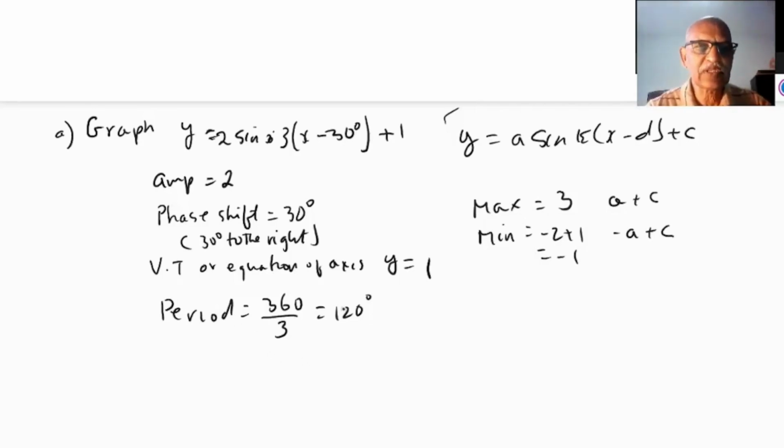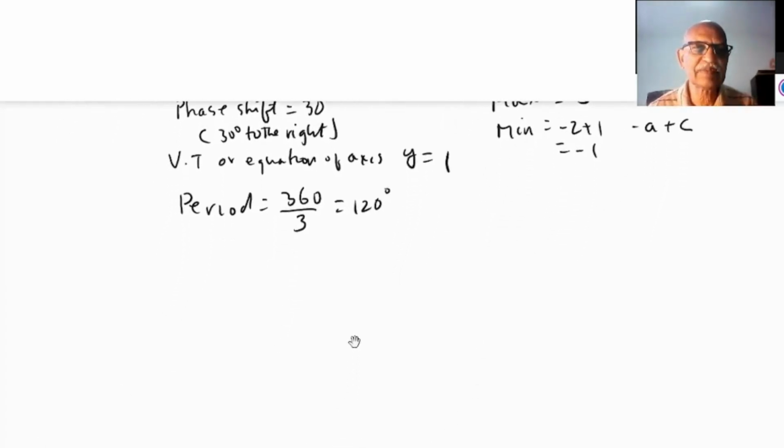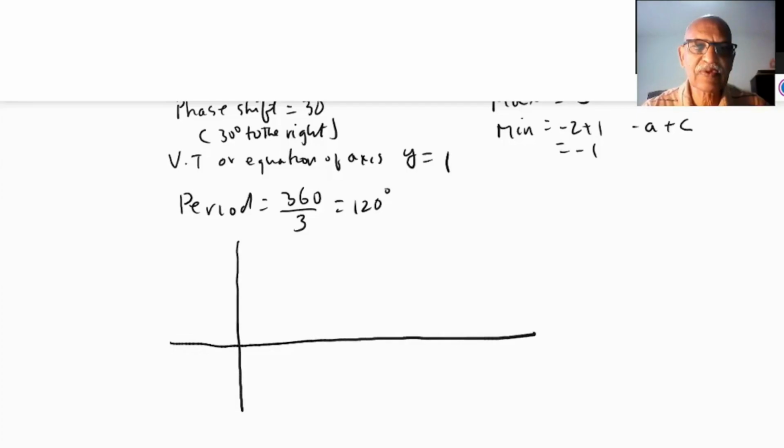So 120 degrees means there are 3 cycles in 360 degrees. Let's see. This is y, this is x in degrees.